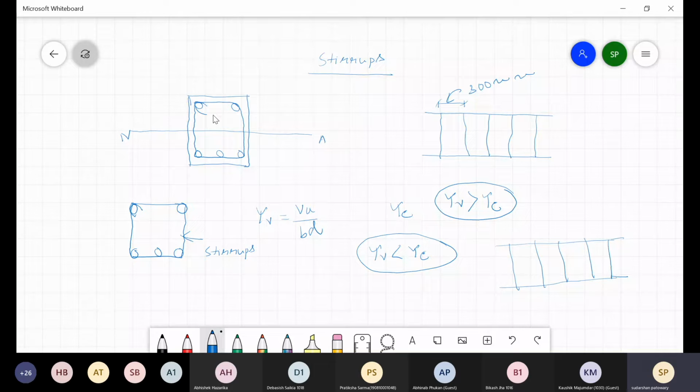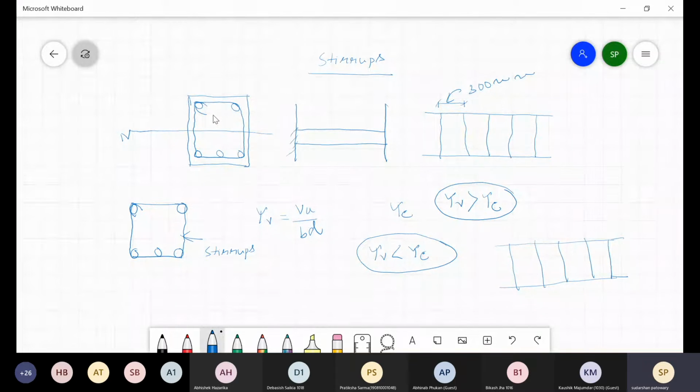In general, what happens? Suppose this is a beam. This is a fixed beam. I'm not talking about the simply supported one. This is a fixed beam support.